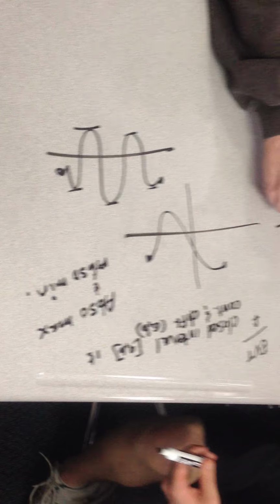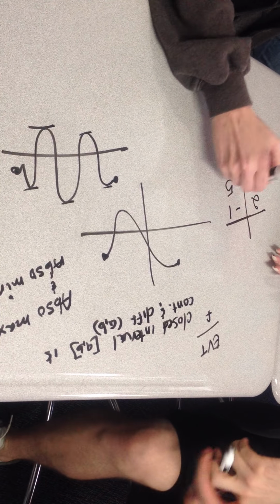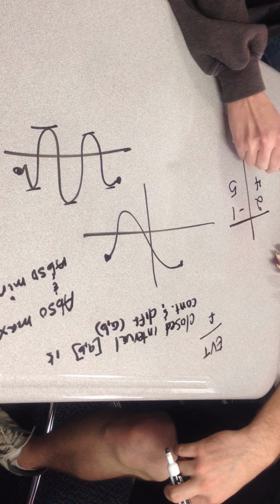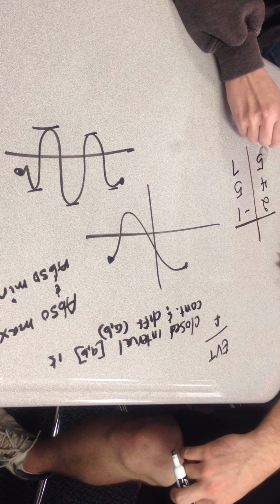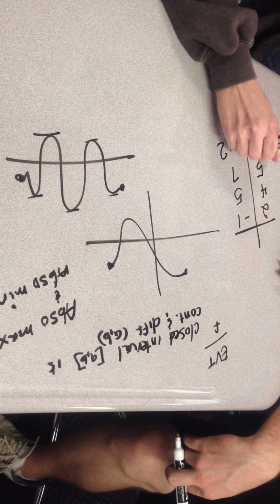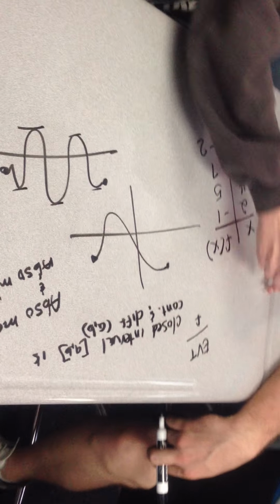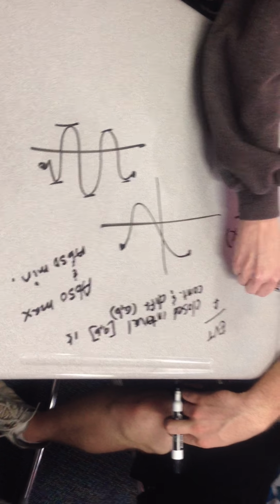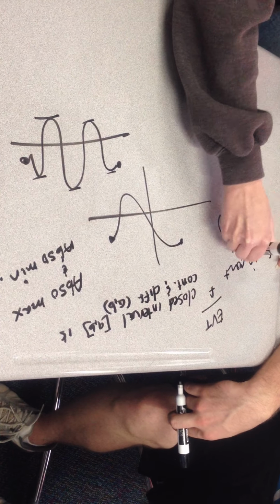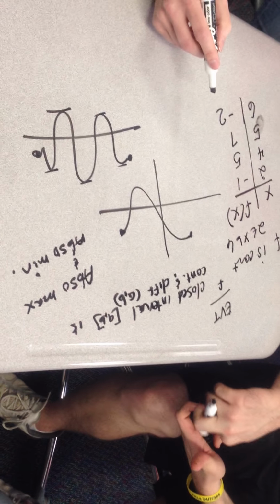So 2 is -1, 4 is 5, 5 is 7, and then 6 is -2. So this is your x, this is your f of x. F is continuous on the closed interval from 2 to 6. What is the absolute max? What is the absolute min?